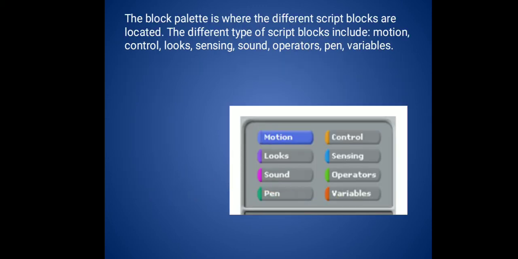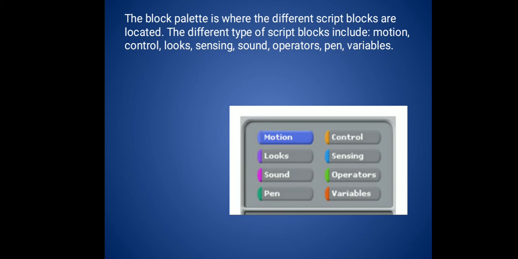Then block palette. Block palette is a place where different script blocks are located. The different types of script blocks include motion. Now these are varieties of blocks which are available. That is motion, control, looks, sensing, sound, operators, pen and variables. You can see at the bottom in the picture, each block has a specific color.